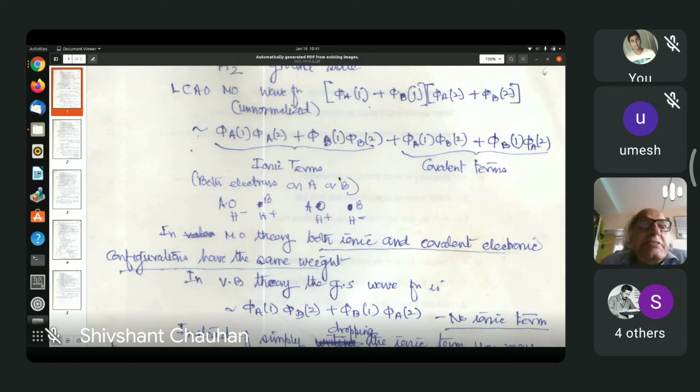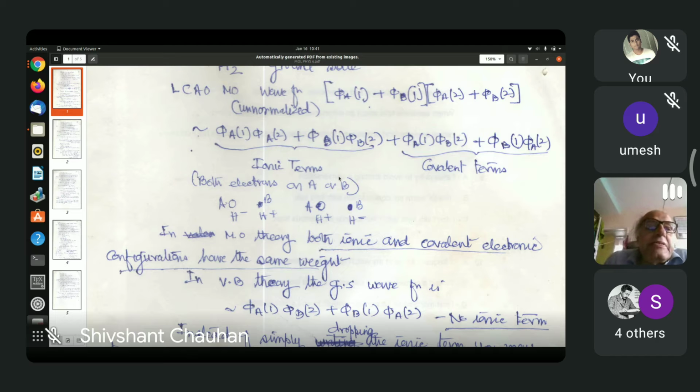They are called ionic terms because both electrons remain on the same nucleus, phi A1 phi A2, but there is another possibility, phi B1 phi B2. Electron 1 is near A and electron 2 is also near A, or alternatively, electron 1 is near B and electron 2 is also near B, some kind of hydrogenic wave function.